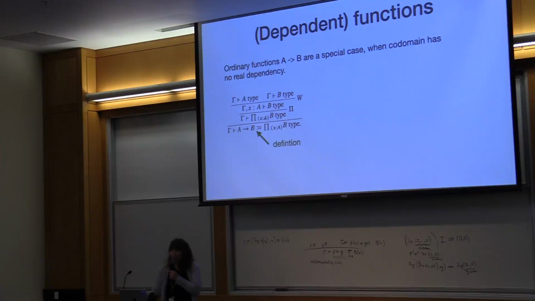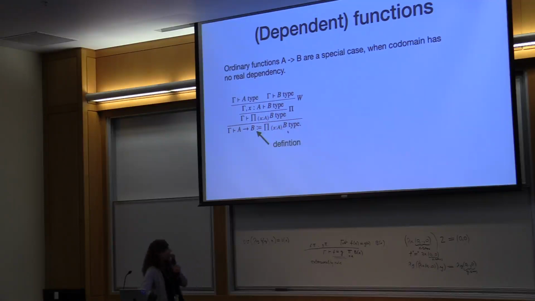And now what I can do is, anytime I have a conclusion of this form, so either a type or a term judgment, but not an equality judgment, okay? I can say I will define a new symbol, arrow, right, A arrow B, to mean exactly this, a pi type from A to B, okay?